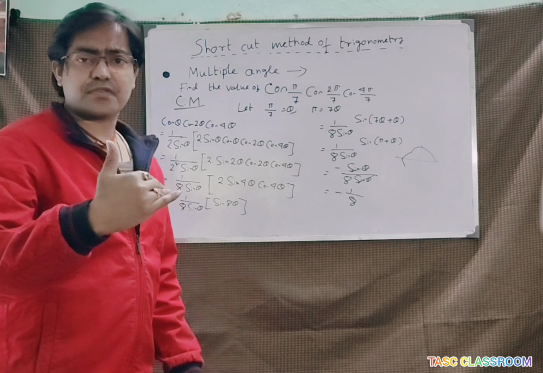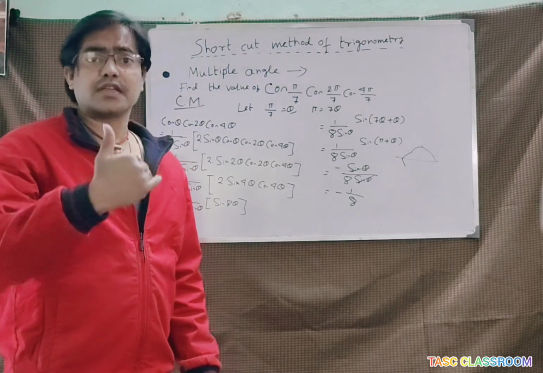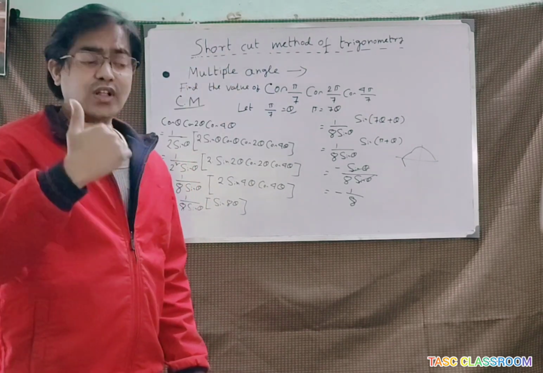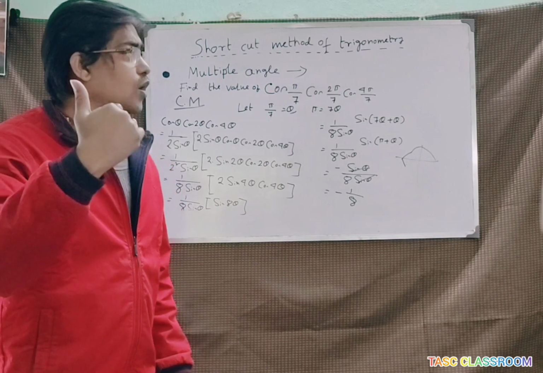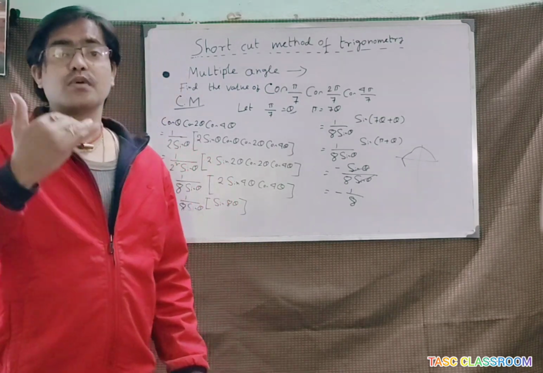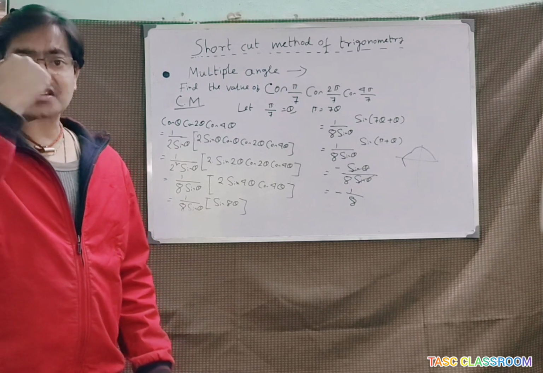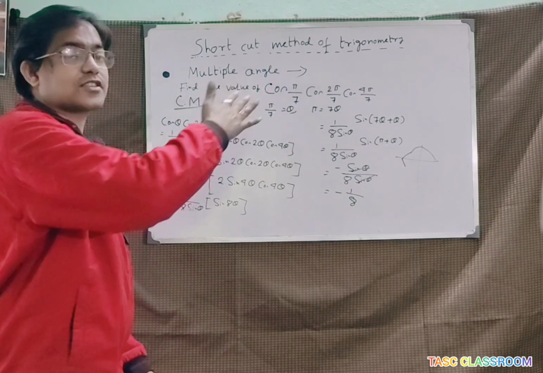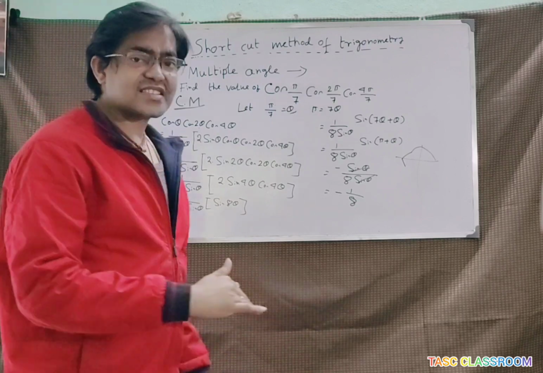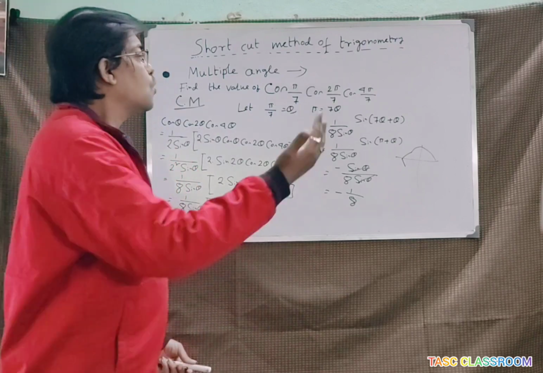But if you wish to solve all or almost all the questions, you have to apply the shortest method or shortcut method to solve this kind of problems. What is the shortcut method?